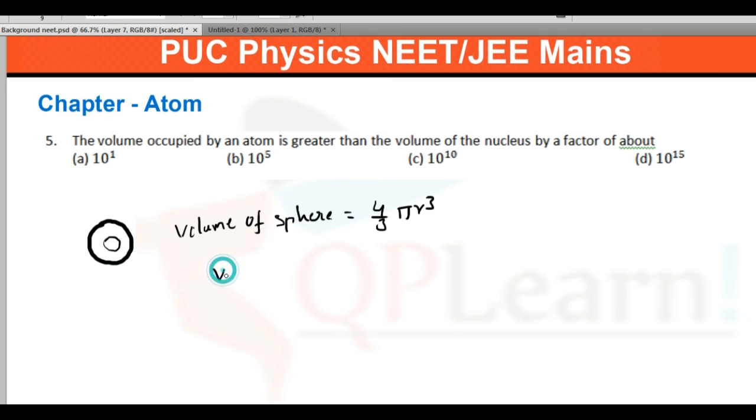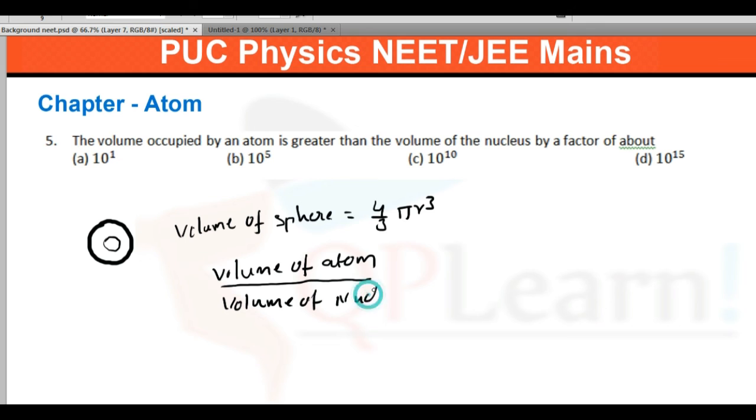That is the ratio of the volume of the atom to the volume of the nucleus, which is equal to 4 by 3 pi r cube.